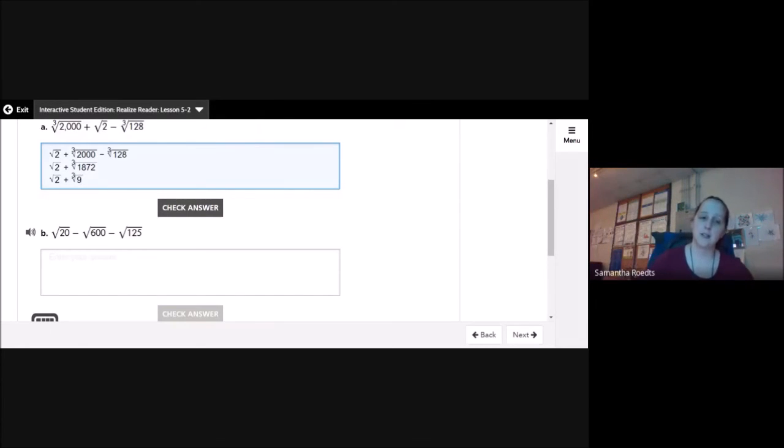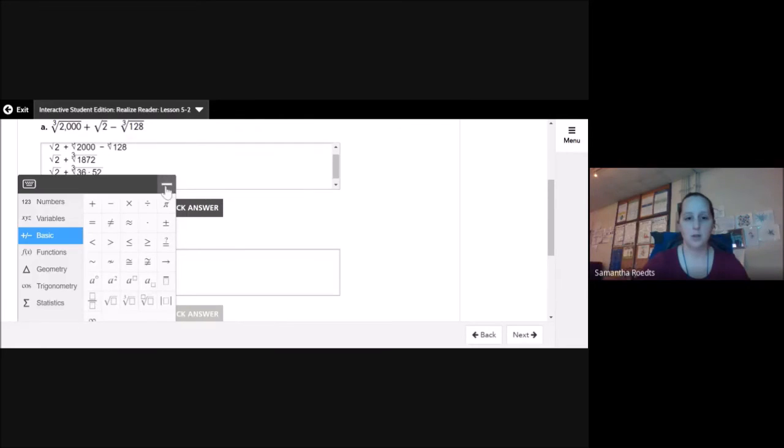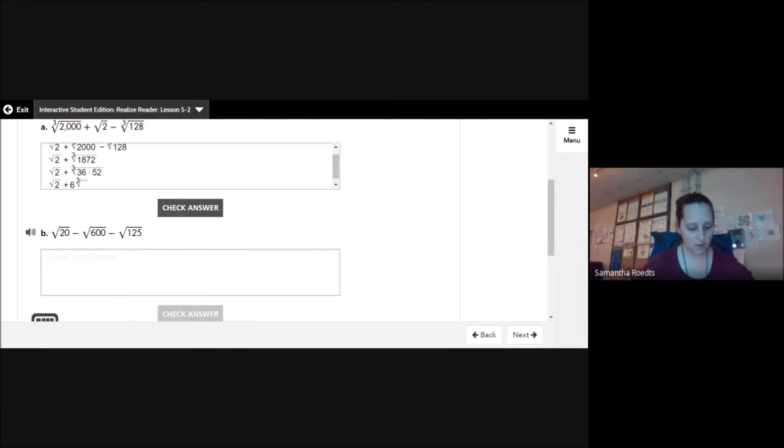It's 36. That's 18. 72 divided by 36 is 52. 6 times 52. So the square root of 2 plus 6 cube root of 2.